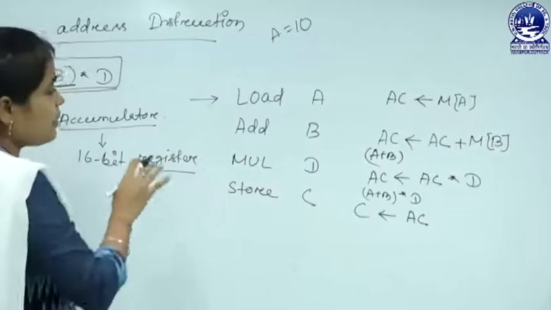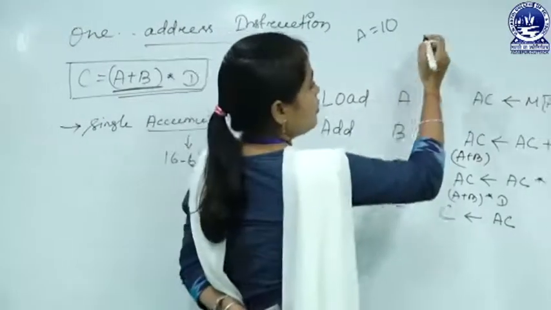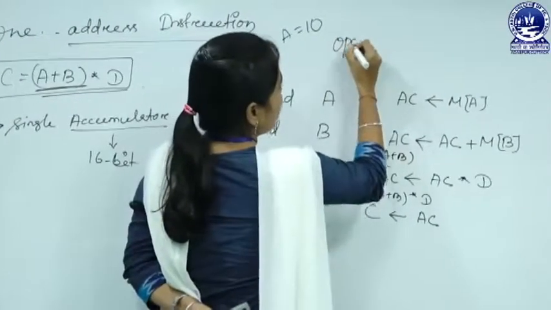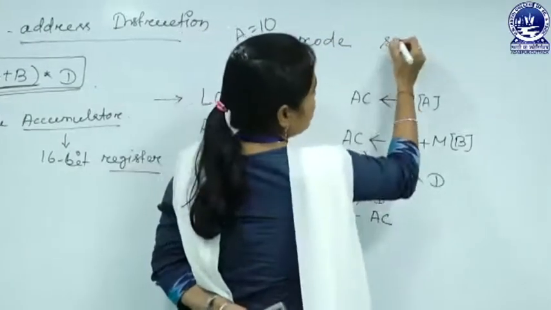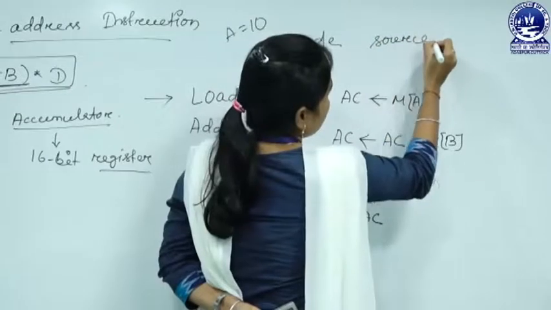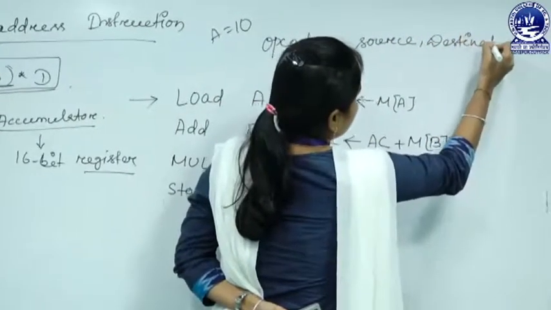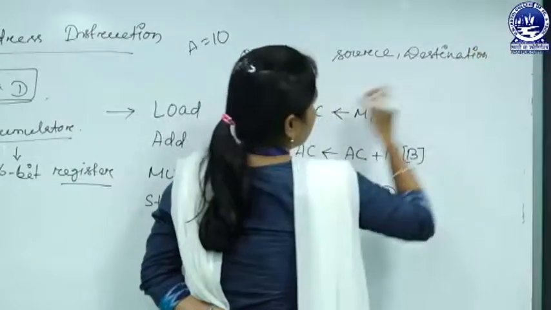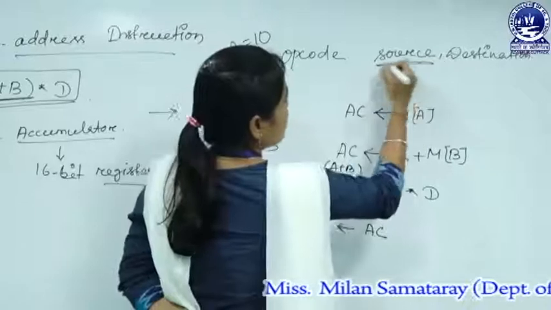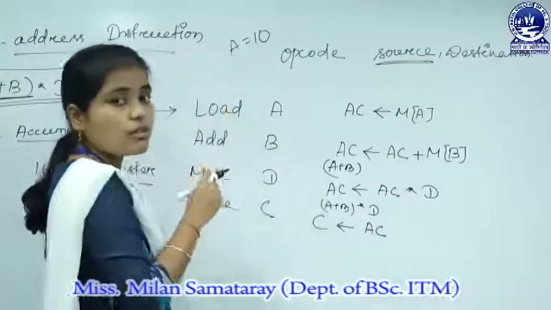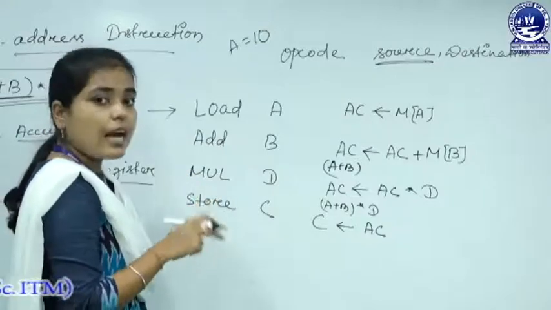Okay. When I am writing an instruction, you have to remember one concept: opcode, then source, next one is destination. When I am writing only one operand here, either source or destination, that means the other operand is our accumulator.